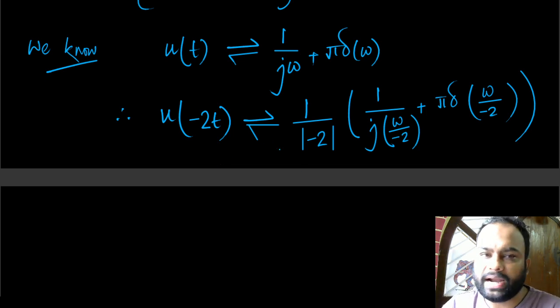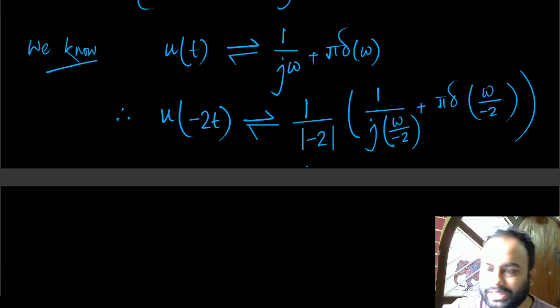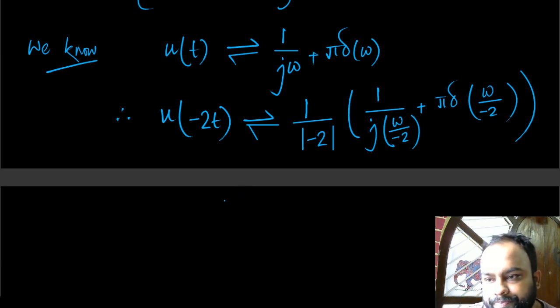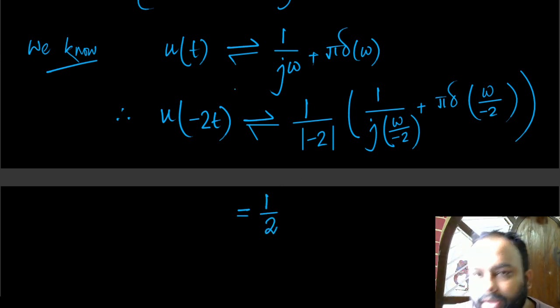Yes, instead of doing a time reversal, I have just applied property 4, because property 5 is just a subset of property 4. So let's not prolong this answer. Yes, you could do a time reversal, then time scaling, then shifting. So I've taken care of everything in one go. So this is equal to 1 by 2. Let me write down property 4.